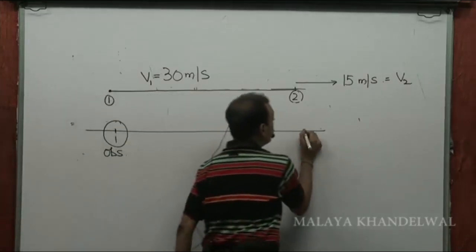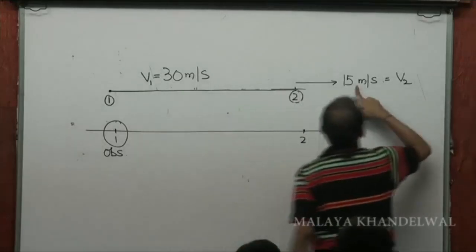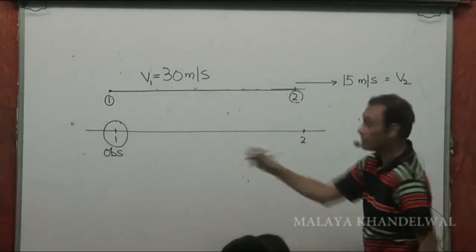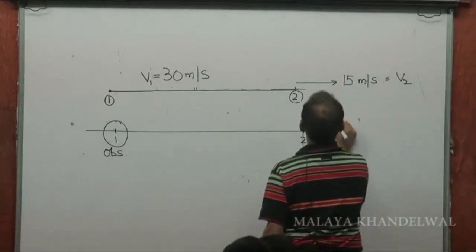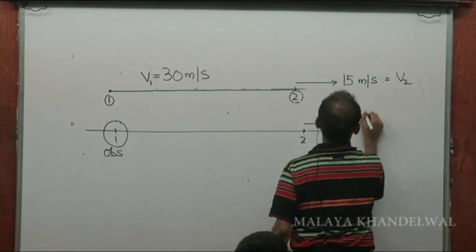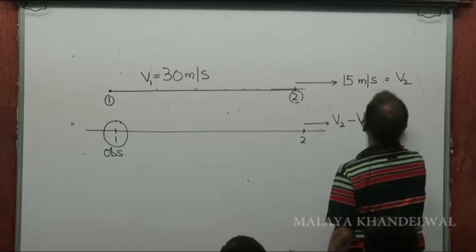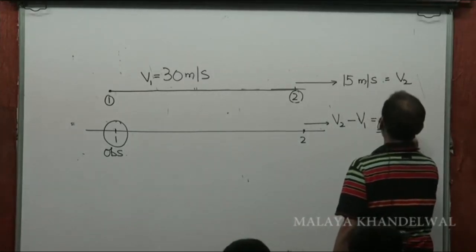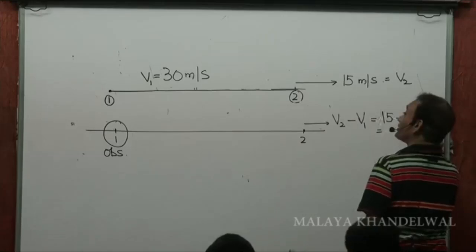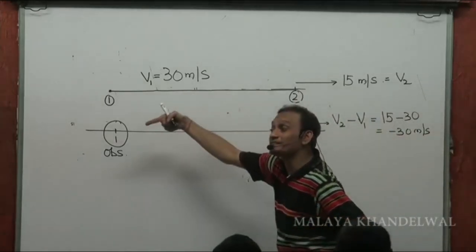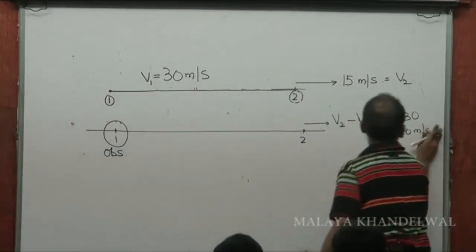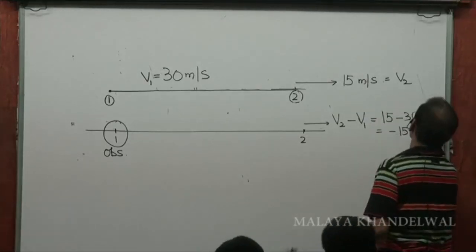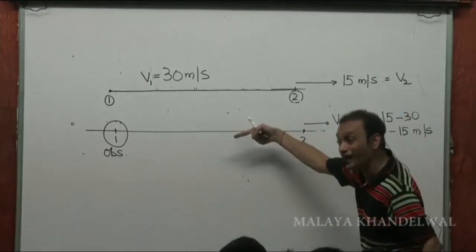Then the velocity of 2 would have to be modified. It will no longer be 15. It's going to be V2 minus V1 as seen by this observer, to the right. V2 minus V1 to the right means 15 minus 30, which is minus 15 to the right. Minus 15 meters per second to the right means 15 meters per second to the left.